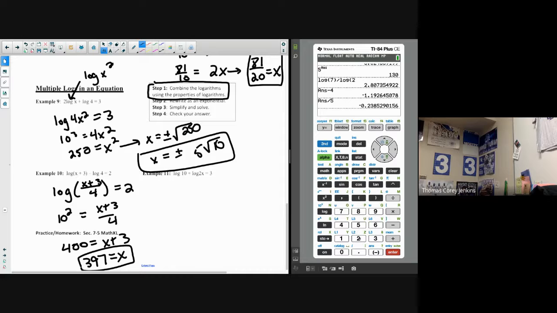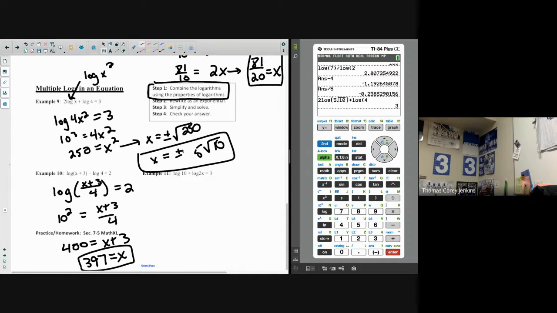So let's go 2 log of x. So let's use positive 5 square roots of 10 first. Close my parentheses plus the log of 4. And we get 3, which is what we wanted. So we know the positive works.